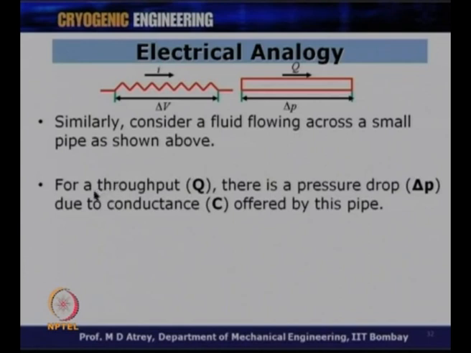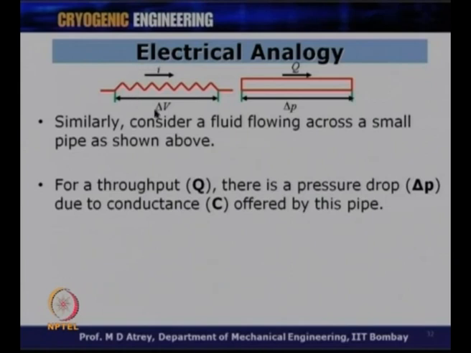So, for a throughput Q, there is a pressure drop delta P due to conductance C offered by this pipe. In a pipe we normally do not call it resistance, but we refer to this as conductance. Reciprocal of R is nothing but conductance. So, if I have a parameter R in the electrical analogy, 1 by R is conductance.